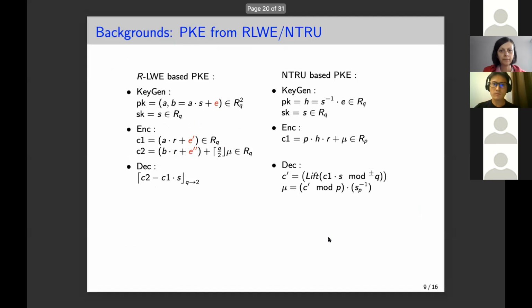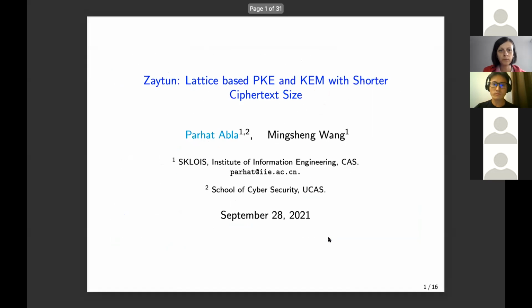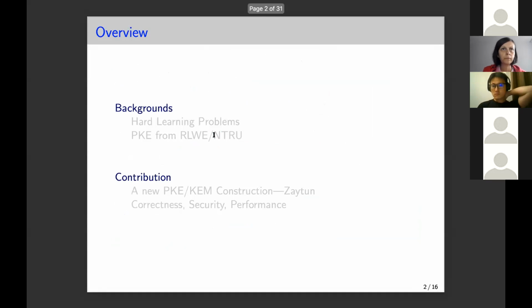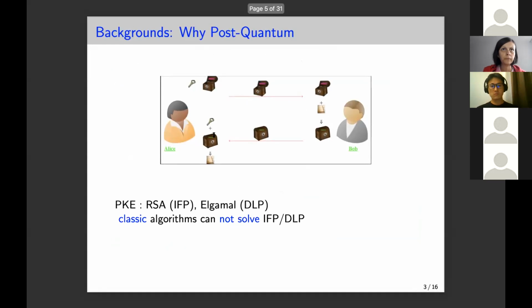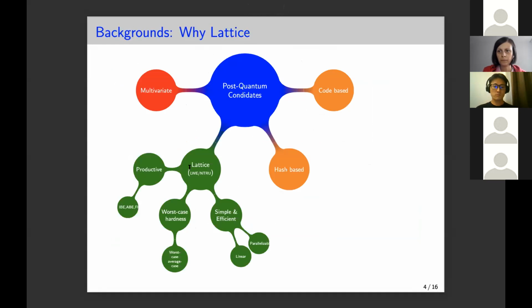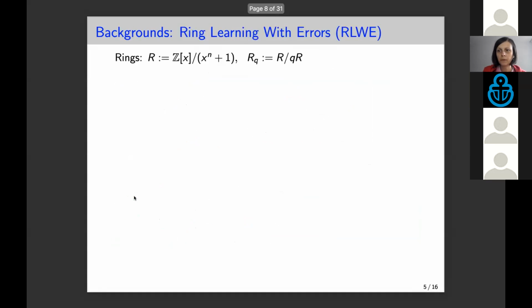Okay. This talk is about a lattice-based PKE and KEM with shorter ciphertext size, and I'm Farhad Abla. In this talk, why do we choose lattices? Because lattices are simple and efficient, and we have worst-case to average-case reductions, and we can also construct many other cryptographic schemes.